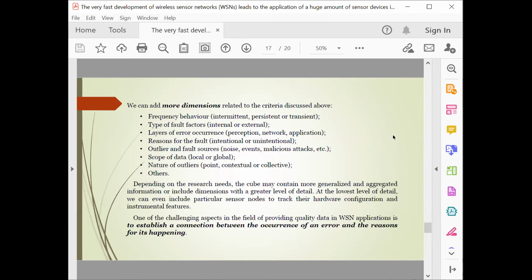Depending on the research need, this cube may contain more generalized and aggregate information, or include dimensions with a greater level of detail, or the lowest level of detail when we address particular sensor nodes and track hardware configuration and instrument features.